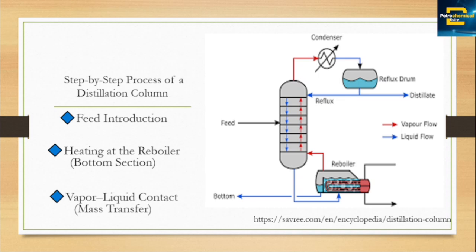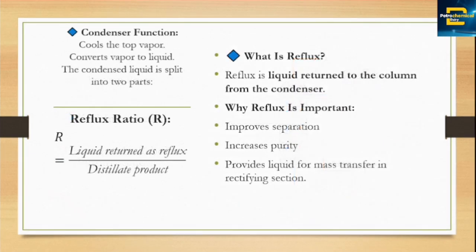So we now understand the distillation column. Let us briefly explain the reflux. Like I said, the reflux is liquid returned to the column from the condenser. Remember that the condenser converted the vapor to liquid.